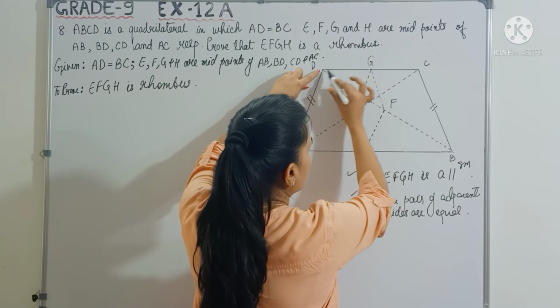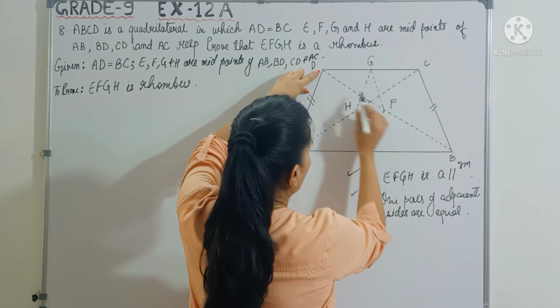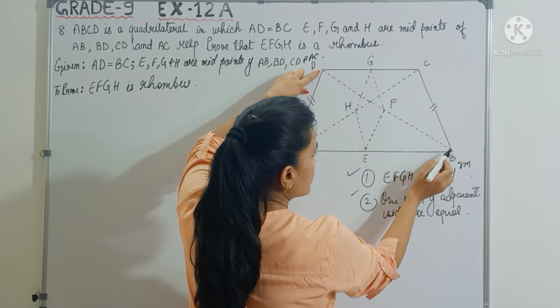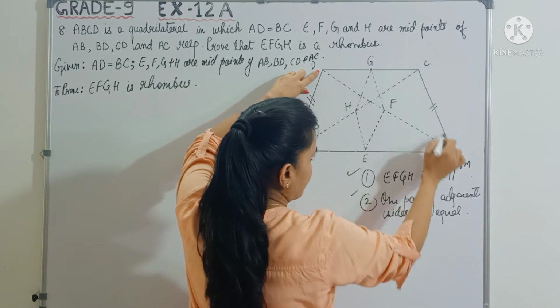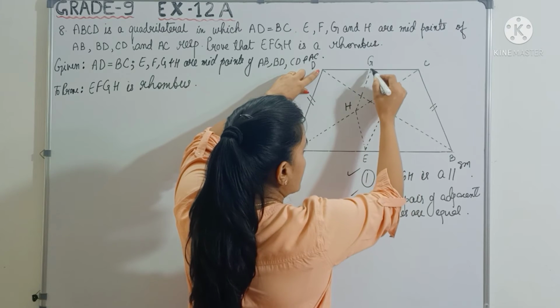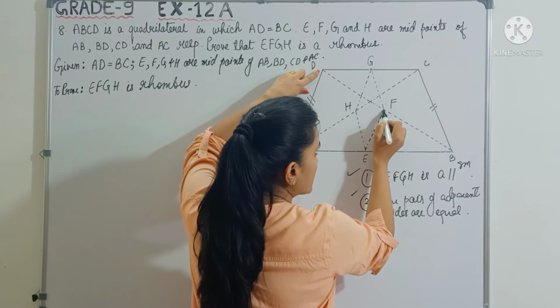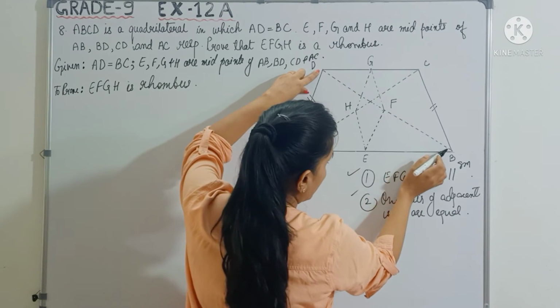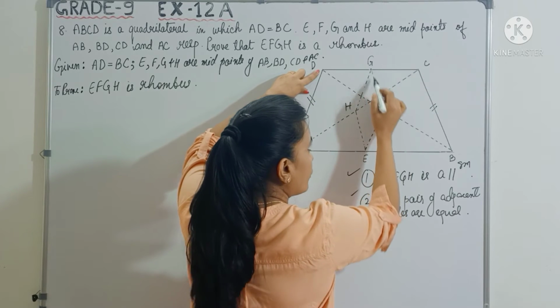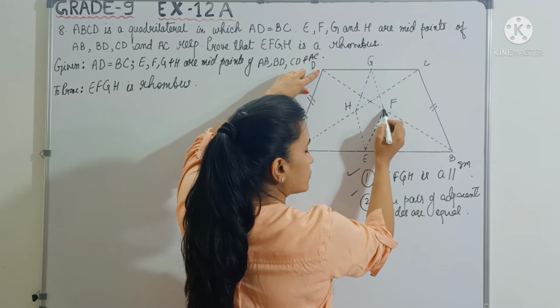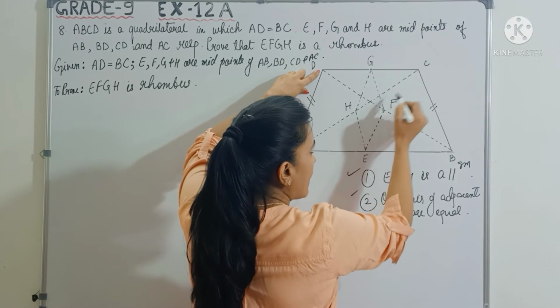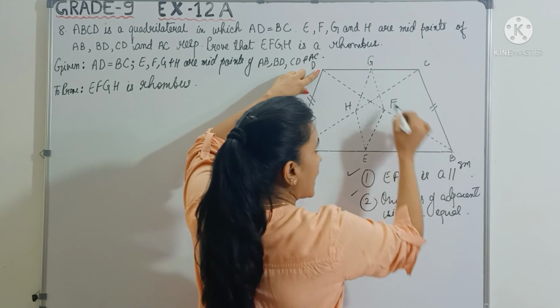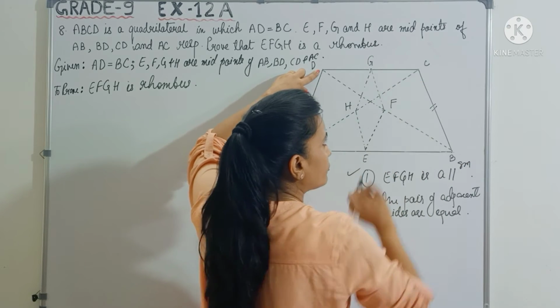G is the midpoint of DC and F is the midpoint of DB, right? So it means that I will take triangle BDC. In this triangle, G and F are the midpoints of side DC and DB. Therefore, from the midpoint theorem, GF will be parallel to BC and GF will be equal to half of BC.